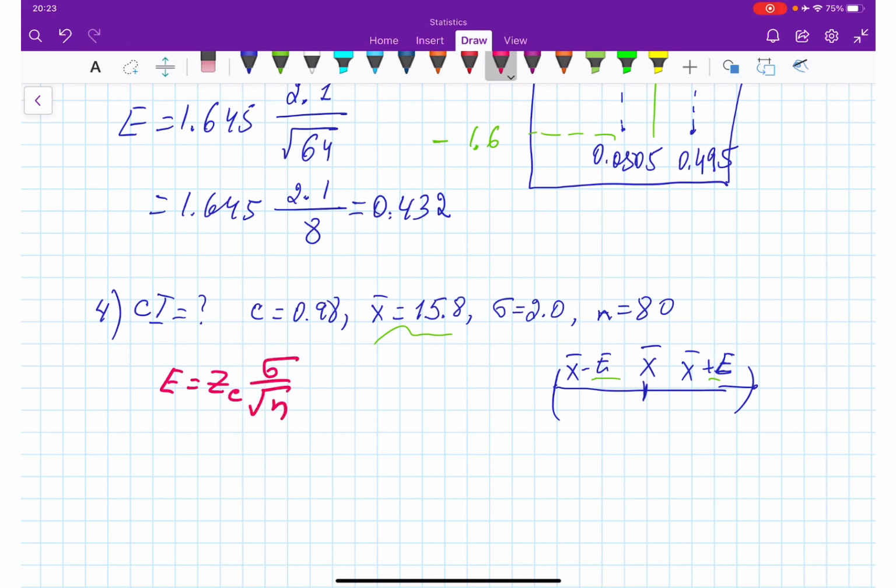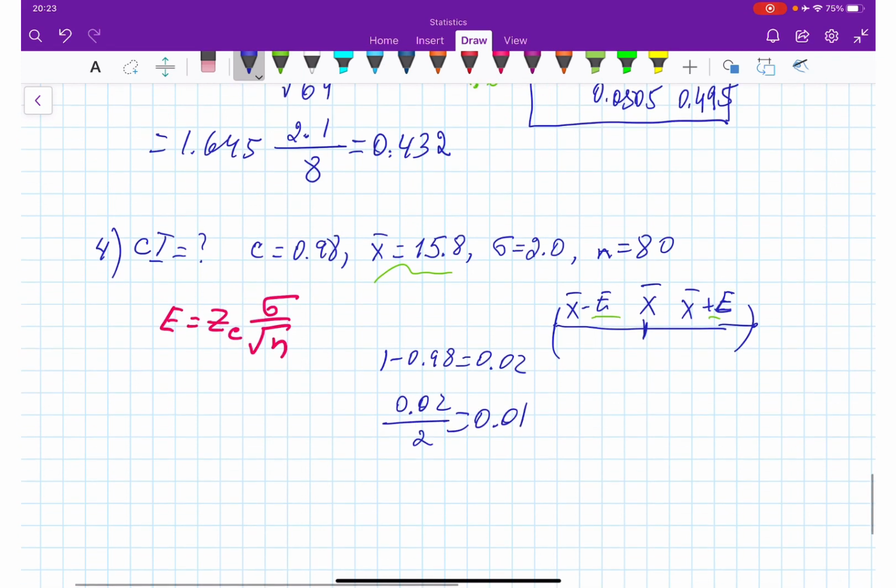We have n, we have sigma, all we need is Z critical. 1 minus 0.98 is equal 0.02. And then 0.02 we divide by 2, we get 0.01, right?